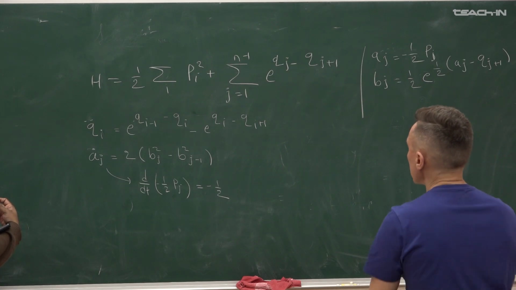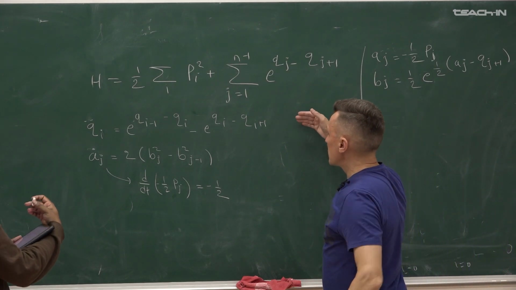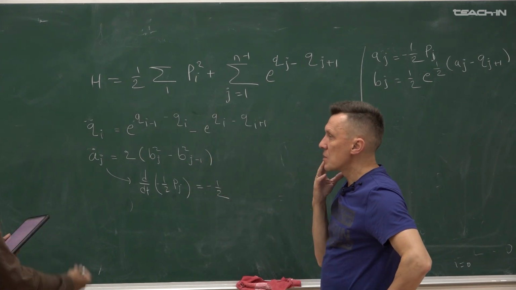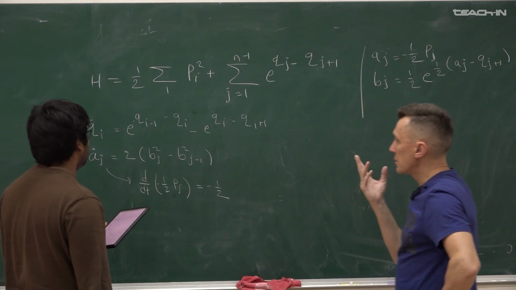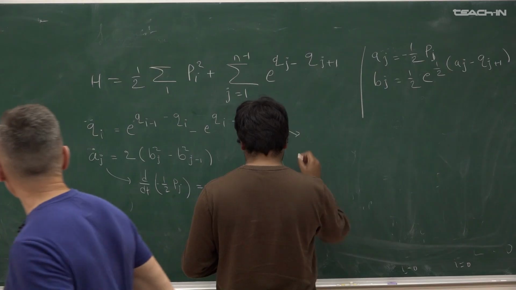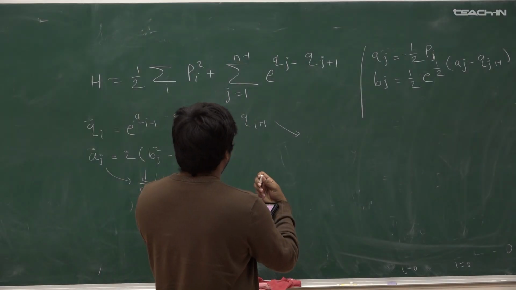All will be simpler if you write down the equation of motion in terms of P and Q. You will know the derivatives of P and Q just by describing the Hamiltonian vector field.